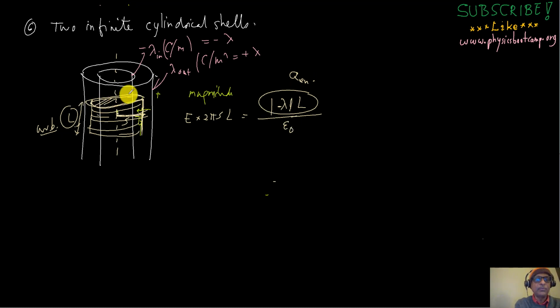The flux on the top surface is 0, and the bottom part flux is 0.